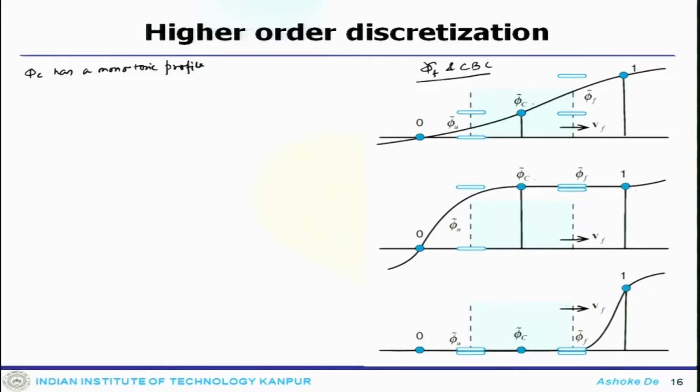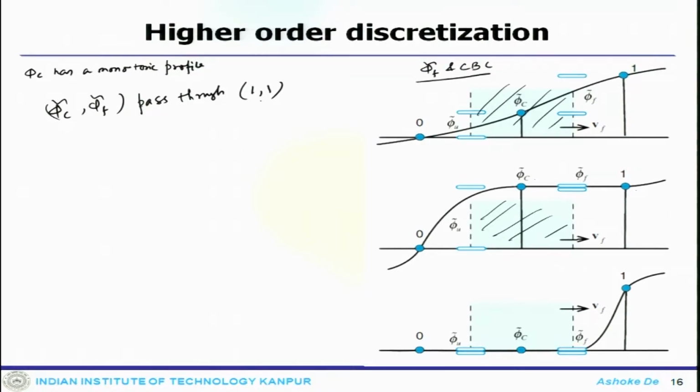This is the regime we are talking about: when it goes close to phi d, phi f also goes close to it. So, the condition is that phi c tilde and phi f tilde pass through 1, 1. Now, the other case could be when phi c is greater than 1.